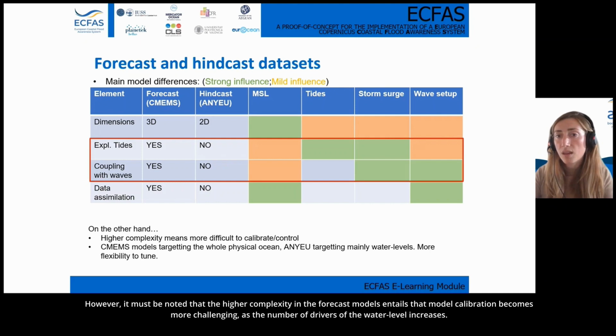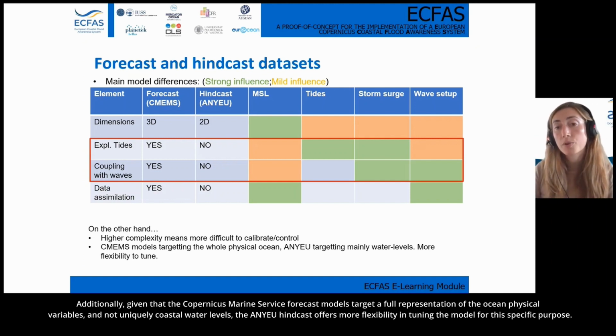However, it must be noted that the higher complexity in the forecast models entails that model calibration becomes more challenging as the number of drivers of the water level increases. Additionally, given that the Copernicus Marine Service forecast models target a full representation of the ocean physical variables and not uniquely coastal water levels, the NEU hindcast offers more flexibility in tuning the model for this specific purpose.